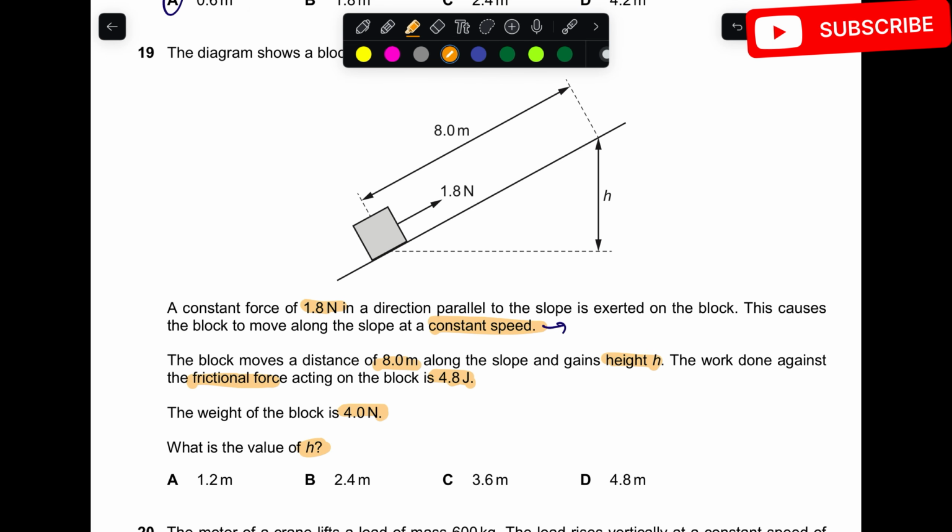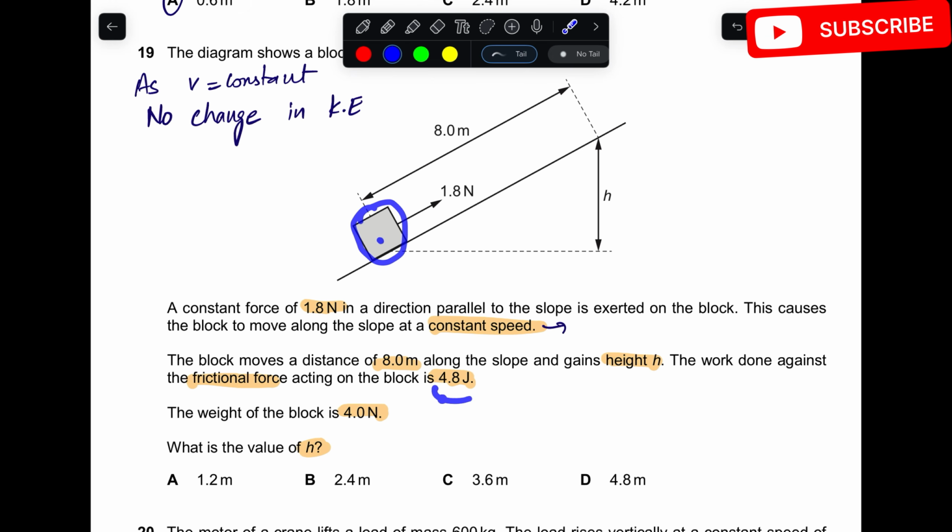Okay, so basically they have told us that the speed is constant. So as v is constant, it means there is no change in kinetic energy. Basically we have to use conservation of energy. Whatever work you are doing on this block, some of the work is used against the friction that is given, and the remaining work will be used to gain the potential energy.